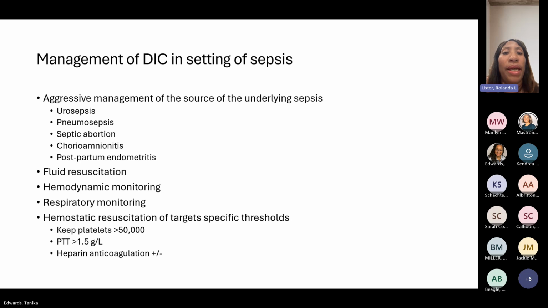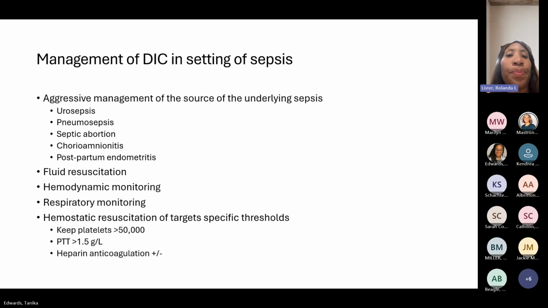So, management of DIC in the setting of sepsis essentially is you want to identify what the underlying cause is. In pregnancy, urosepsis is very common. Also pneumosepsis, septic abortion, chorioamnionitis. It actually sounds like that's what our patient had, some element of an intrauterine infection, and that can happen in the setting of PPROM.